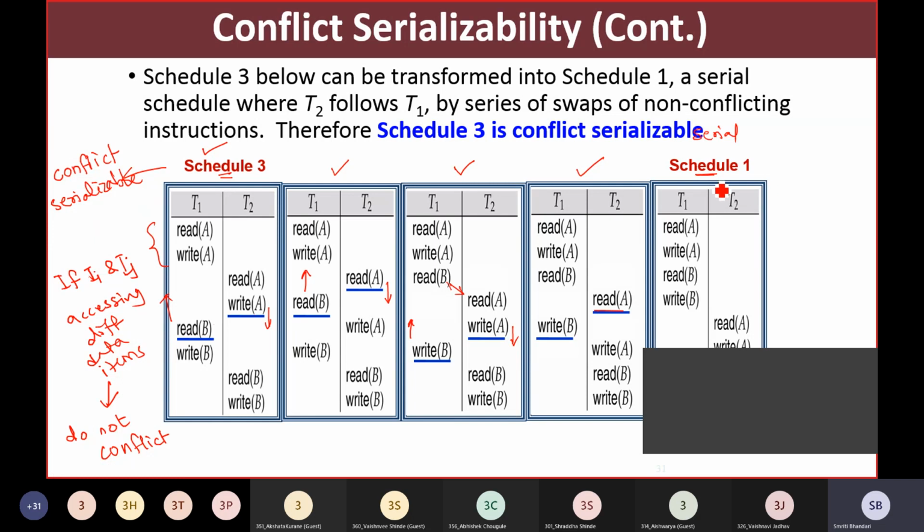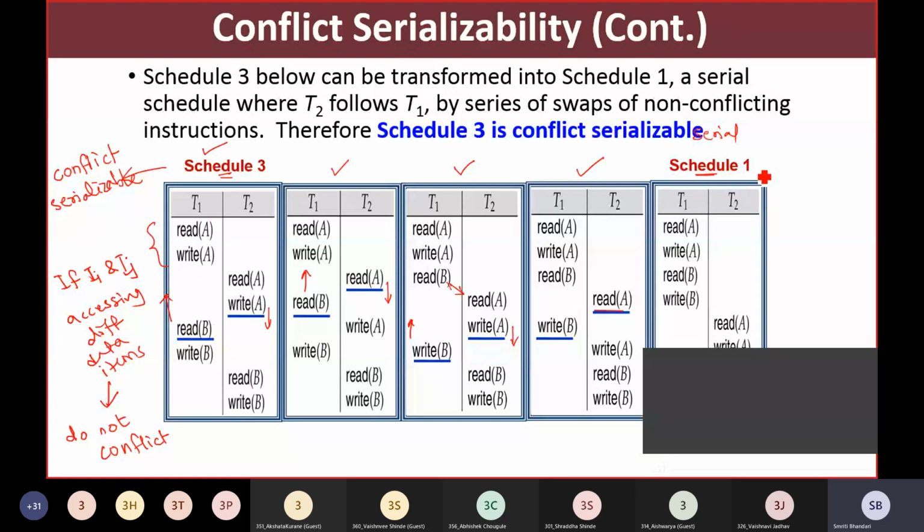So if we look at this schedule 1, then this schedule 1 is conflict equivalent to this schedule number 3. Okay, and also this schedule 1 is the serial schedule.